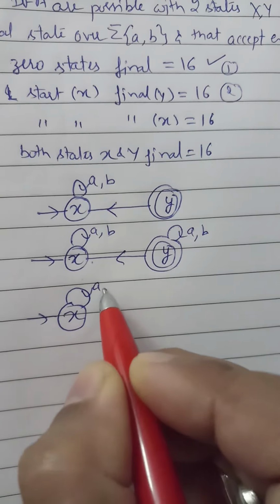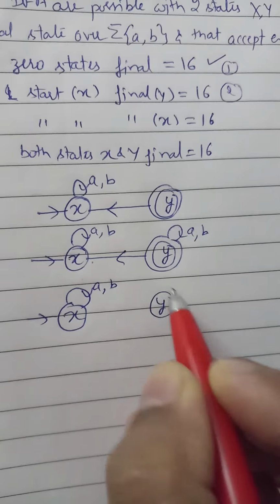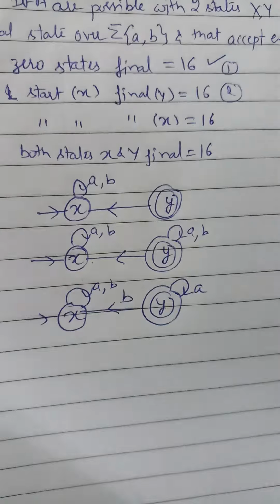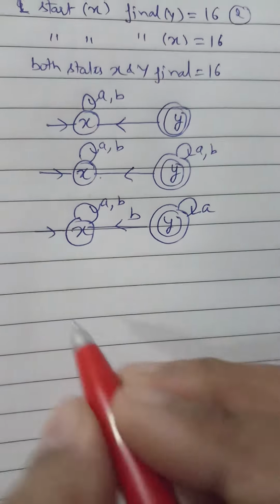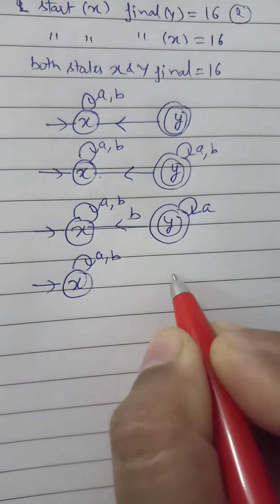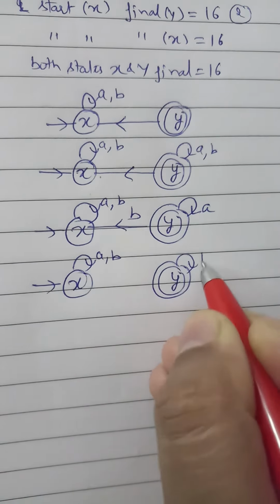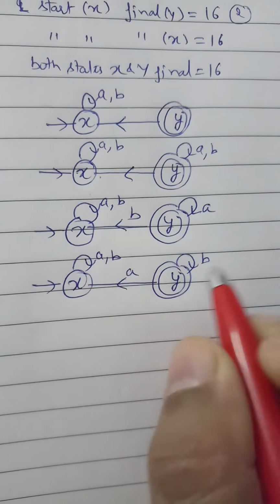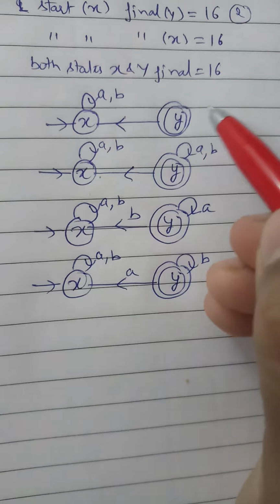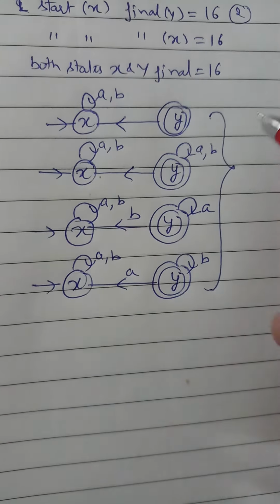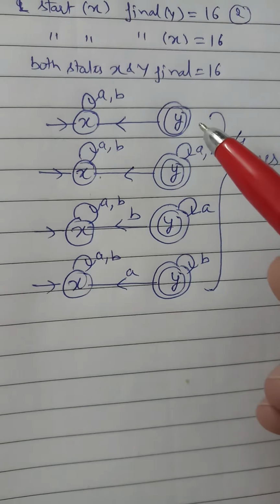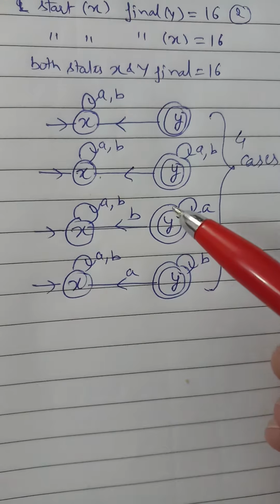With AB, y is a final state, because of the direction it will accept empty language. This is also the case. So these four cases are possible when x is the initial state and y is the final state. Four cases are possible where it will accept empty language.